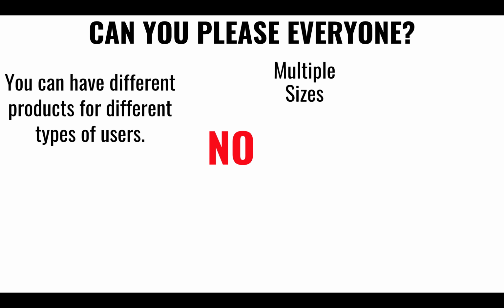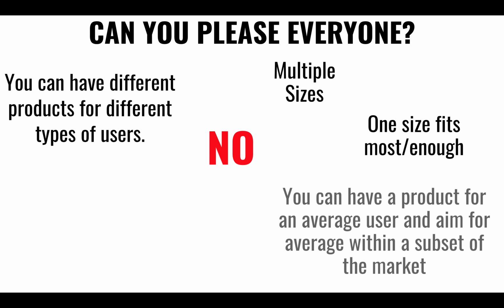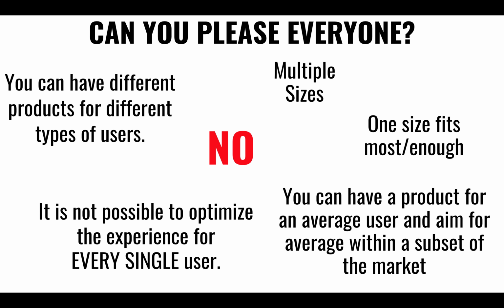Yeah, so there's no one user, right? There's no one size fits all. You can have different products for different types of users, multiple sizes. It's not possible to optimize. Oftentimes we look for ways to optimize, but usually that optimization assumes that the user is aware of a particular context, of a particular cultural clue, and skips a whole bunch of steps that we might assume the user is aware of.